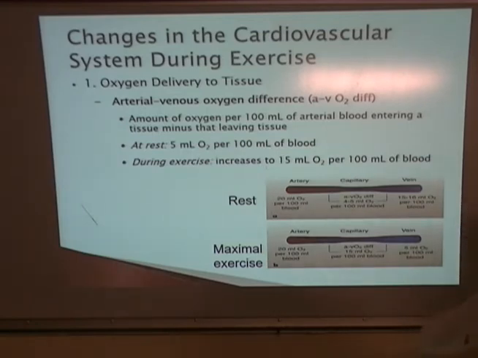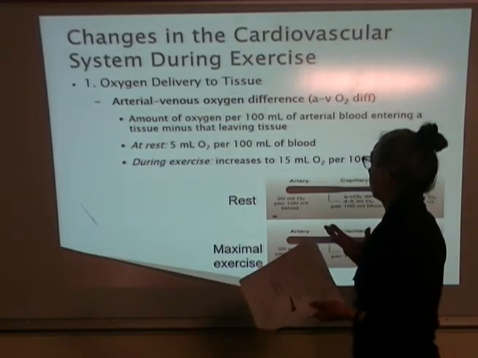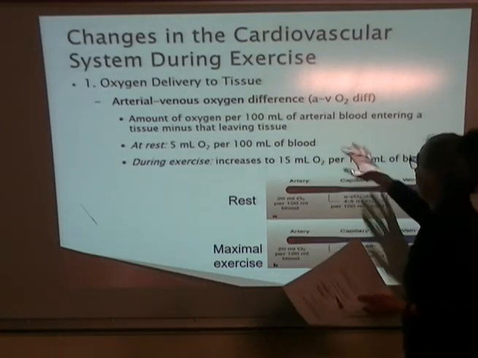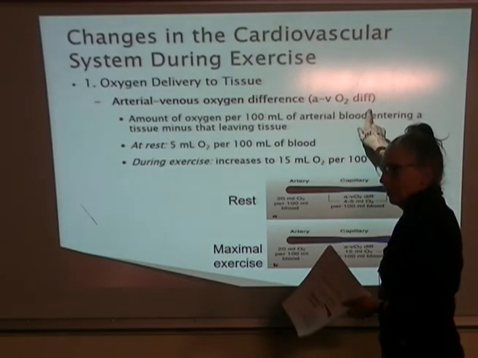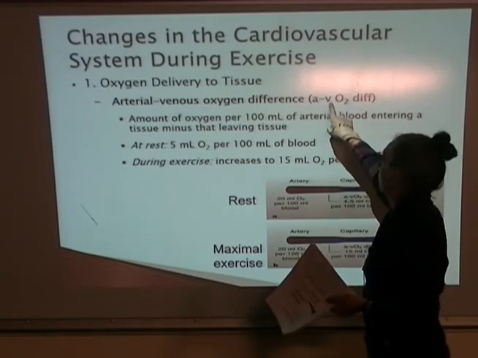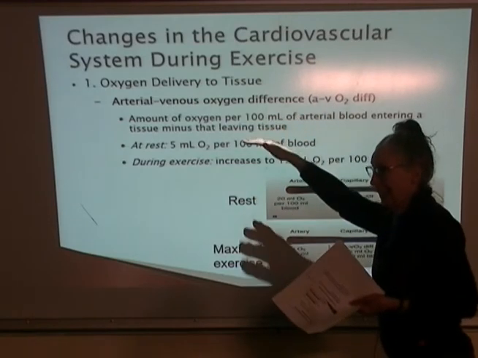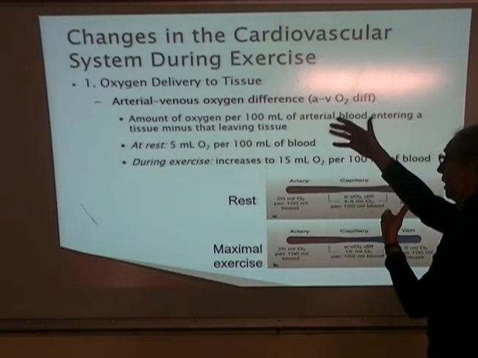So we have this term which looks a little overwhelming when you just look at the words: arterial venous oxygen difference. It's much easier to say AVO2 difference, as long as you remember what the A and the V stand for.